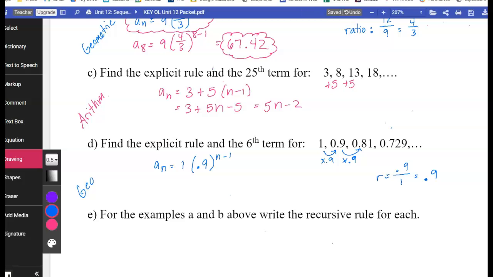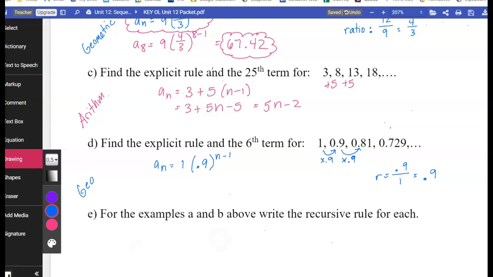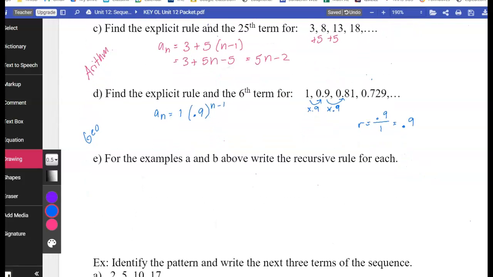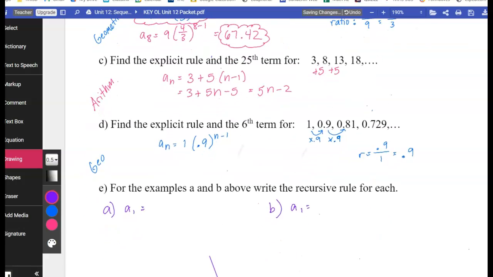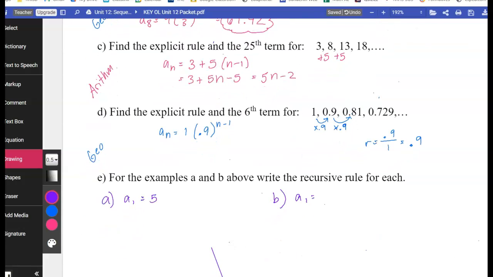Okay. So then, part E says for examples A and B, write the recursive rule for each. So we're now recursively writing it, meaning we have to always state what the first term is. So for A, our first term is 5. Then I write down the recursive formula.